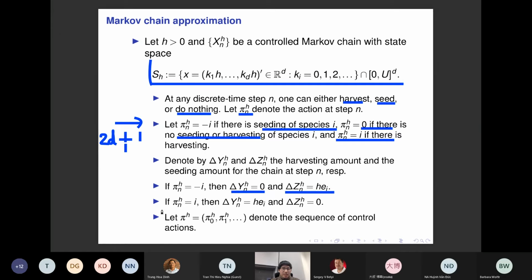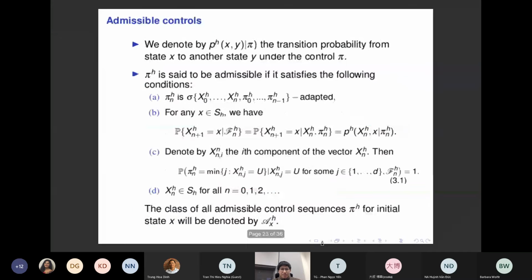So we have a sequence of control actions. We are trying to mimic the behavior of the original population system, so we use the Markov chain to mimic the behavior of the population system. The next step, we need to define the transition probability together with the admissible control.